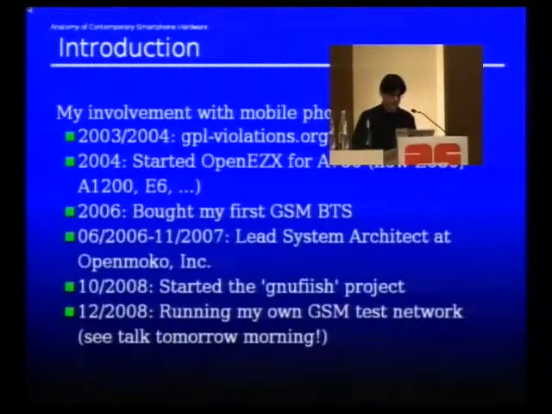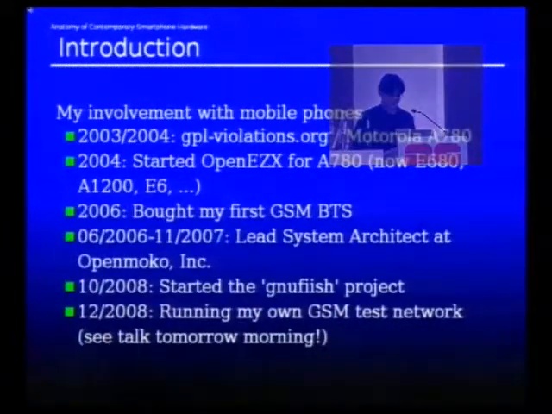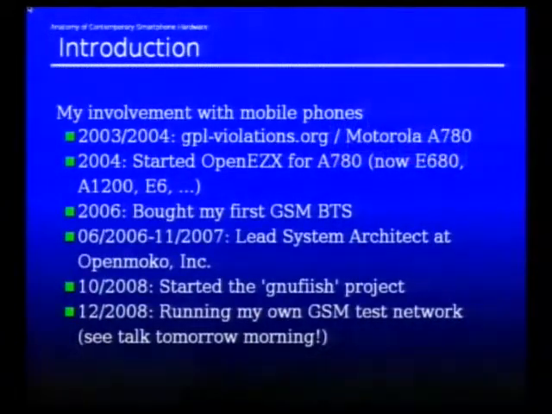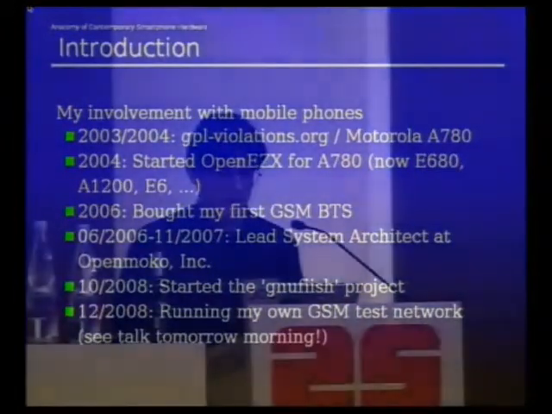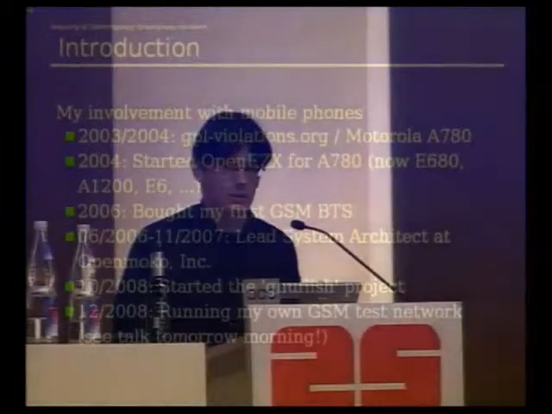architecture. In 2006, I had the opportunity to buy a GSM base transceiver station, which is something that I'm going to talk about tomorrow. I've been working for OpenMoko as a lead system architect, which includes both the hardware and the system-level software, for some time.